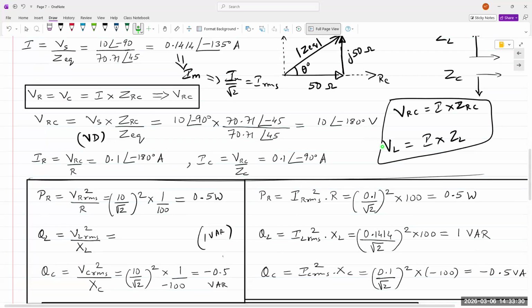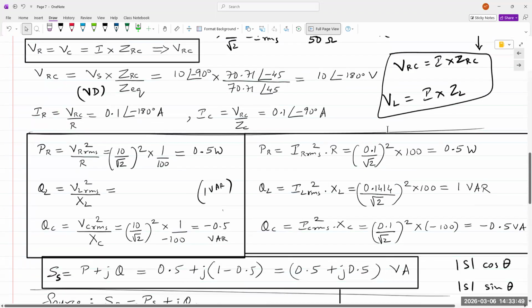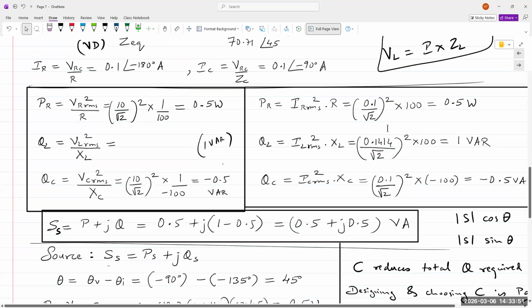All right, so by voltage division, find VRC, 10 with an angle of minus 180. IR, VRC over R, gives me a value of 0.1. IC, 0.1 with an angle of minus 90. Once I have those currents, remember, I already have the total current for the circuit.